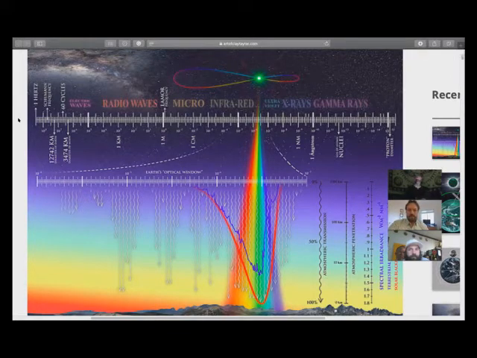This one describes the varying qualities of absorption of our planet, and then how far down certain wavelengths will make it as they transmit through our atmosphere.